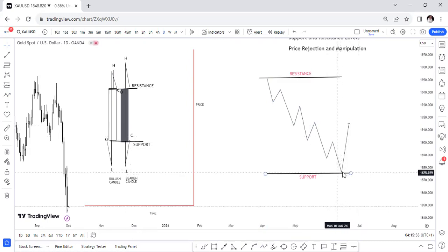So this particular place where it bounces off this level, this is what we call the price rejection. That means sellers reject the lower price. They've come to the bottom of the market and buy at a low price.